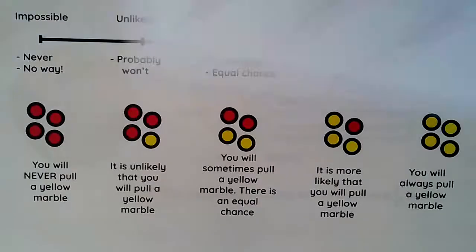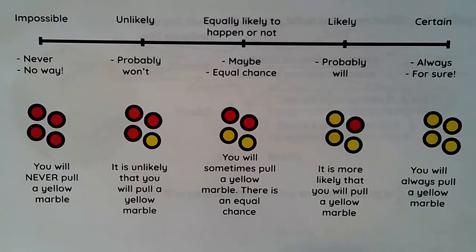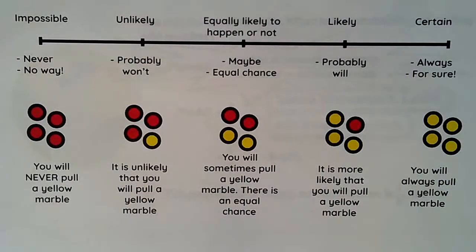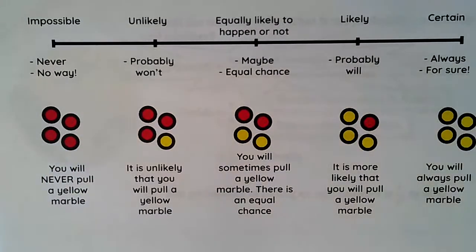So a quick example here is marbles. If these are our set of marbles, we're talking about the likelihood that we will pull a yellow marble. In this situation right here, where I have all red marbles, it is impossible. There is a 0% chance that I will pull a yellow out of this set of marbles.